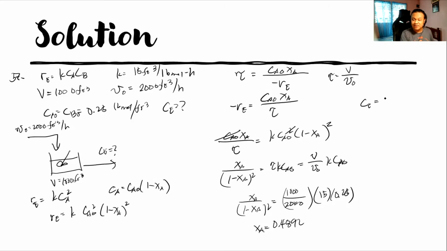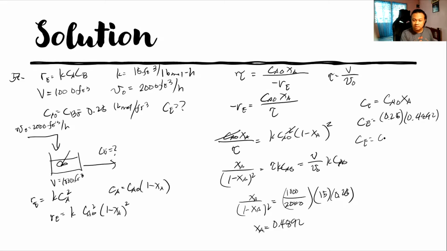Okay, and then CE, because we are finding the CE, diba? It's just 0.25 times 0.4892.